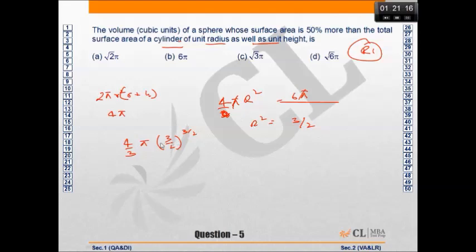Okay, let me just check out. So pi is not the issue. So this will be 4 by 3 into 3 by 2 into under root of 3 by 2. 2 root 3.